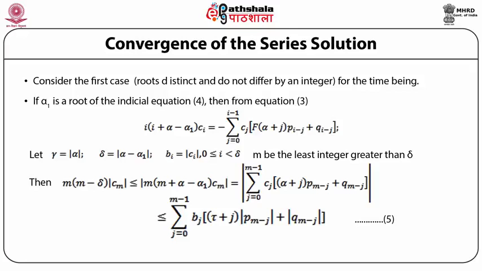Σ_{j=0}^{m−1} Bj [(γ + j)(|p_{m−j}| + |q_{m−j}|)].